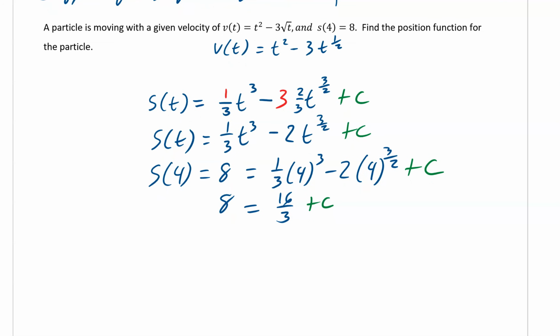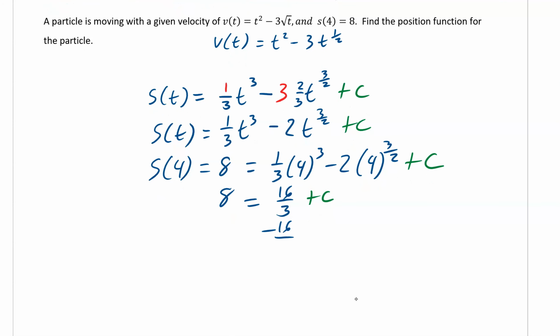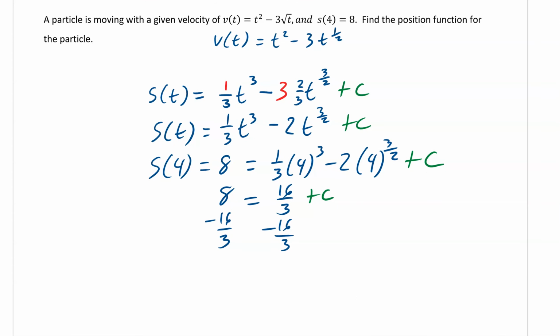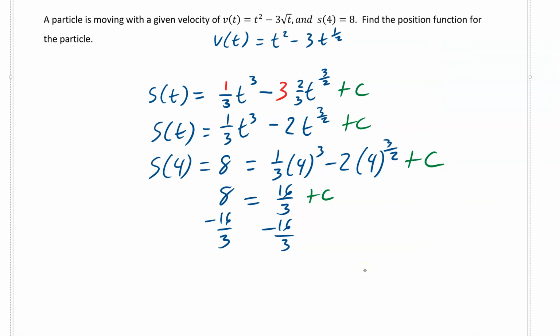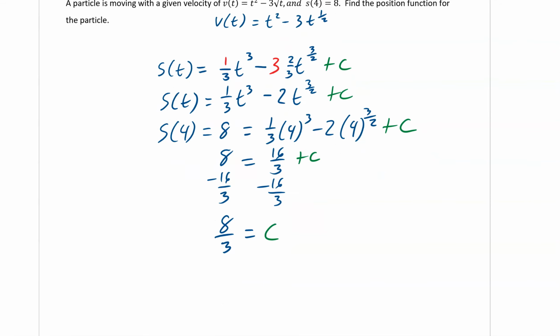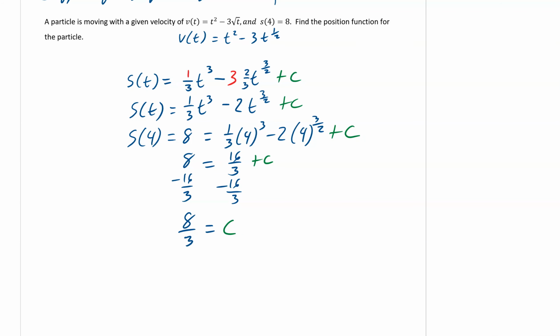And so if we subtract that over, it'll allow us to see our constant. We take our calculator and do 8 minus 16/3, and it's 8/3 equals our c.